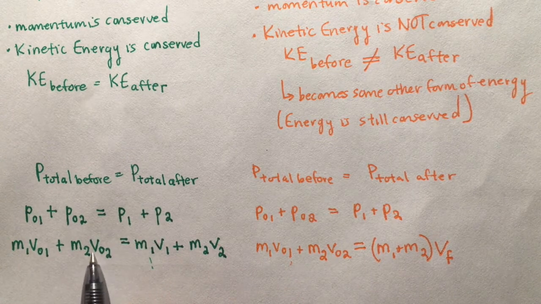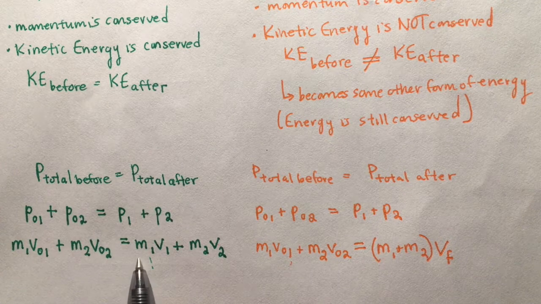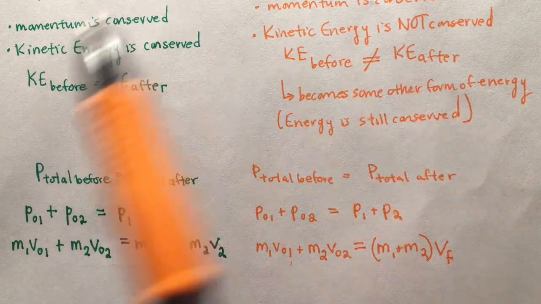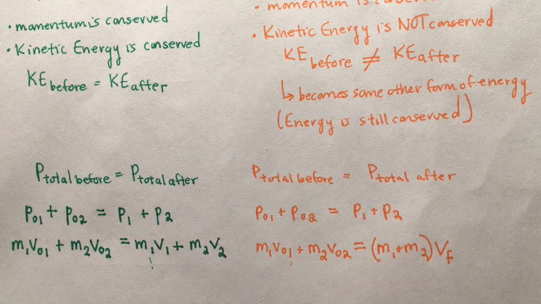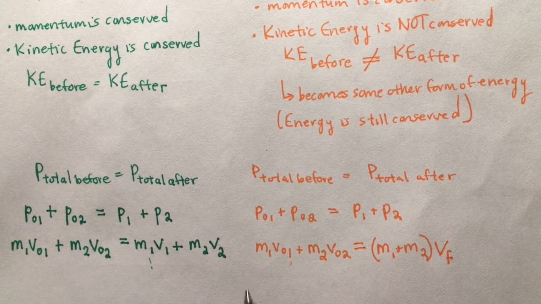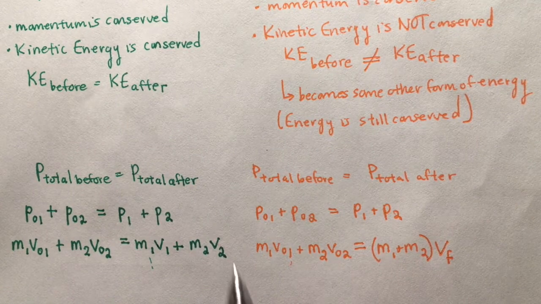So please take the extra time to write out all of these subscripts on each of your variables so that when you're solving, you know where and what to plug into your equation. And when you're labeling your knowns for a momentum or collision problem, make sure you use those subscripts so you know where to plug them in. This is where subscripts are super important because it'll be very confusing if you don't use them.